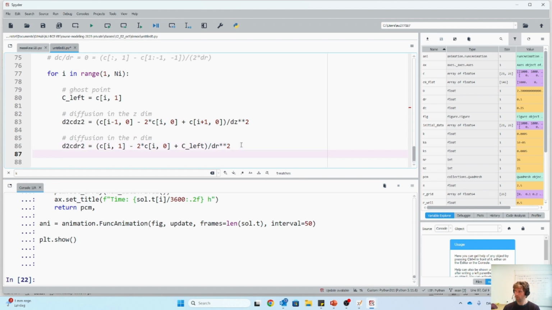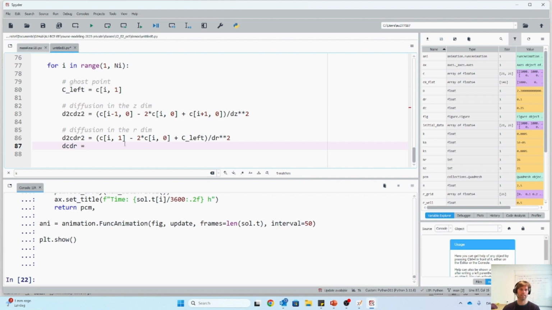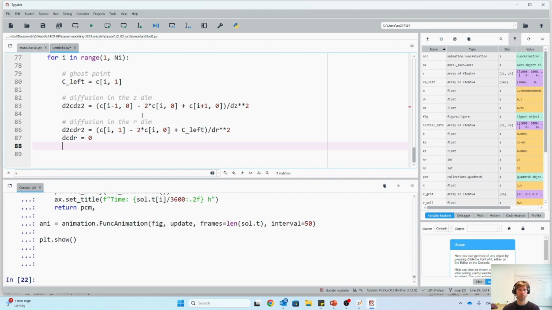Then we also have dc dr, but because the gradient is 0 here, we just put it directly to 0 like this. So we can ignore it, but this is only the case when we are at the left boundary. When we go to the interior nodes, we will also calculate this one.